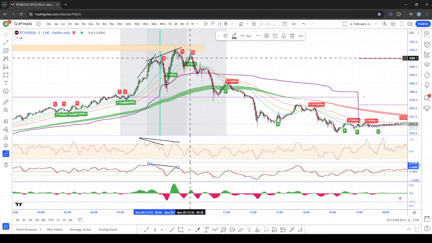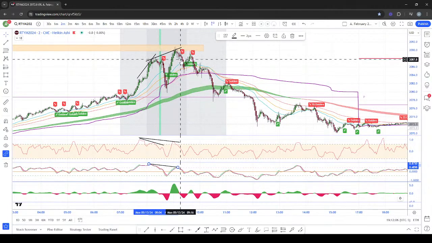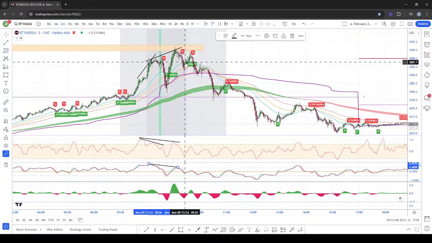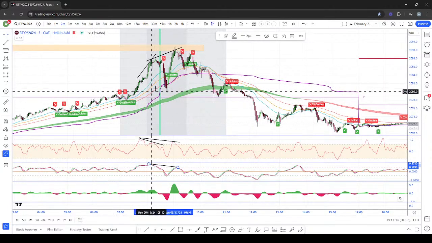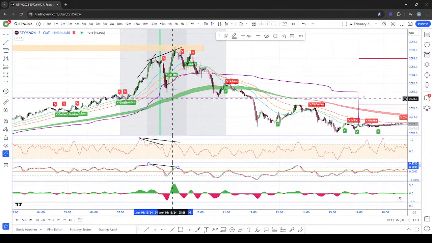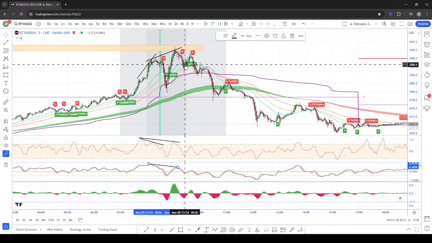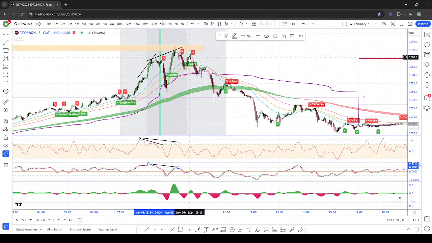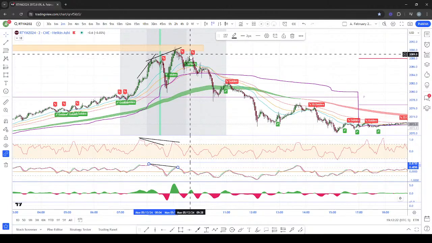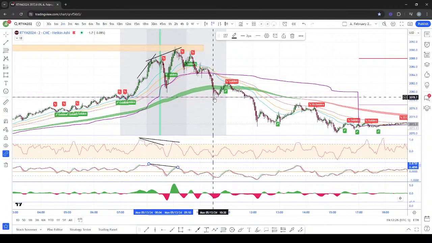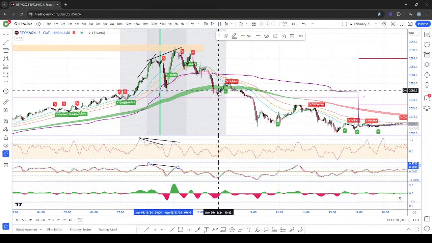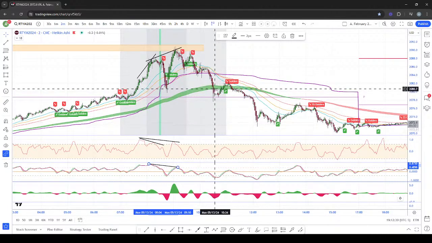When I do see something like this, I will wait, sometimes, not all the time. This is a strong push up. It's got a nice sequence, but I wanted to see if it was going to pull back up, as it's doing right here, and then you can see the drop coming right down, just right at the 200 EMA cloud.